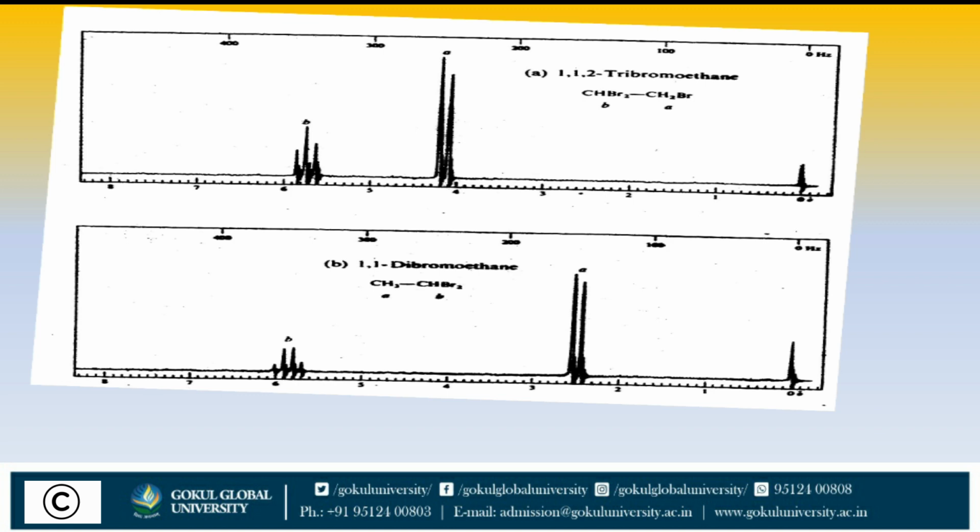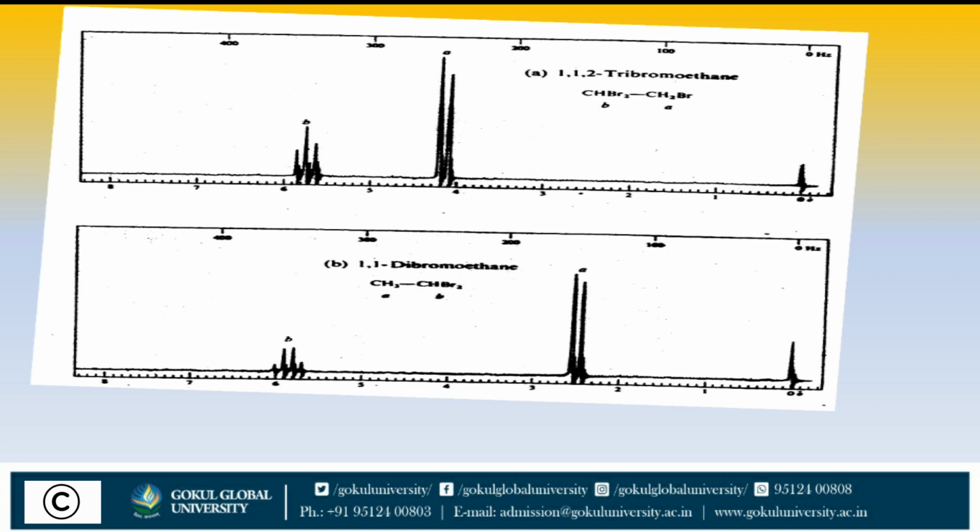So these are other examples. In 1,1,2-tribromoethane, CHBr2 and CH2Br also give data in our proton NMR spectroscopy, the theta value. 1,1-dibromoethane is also an example.